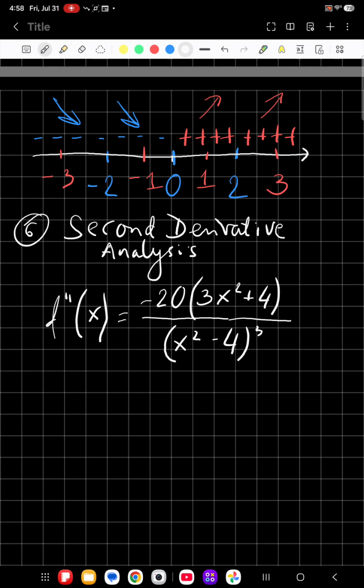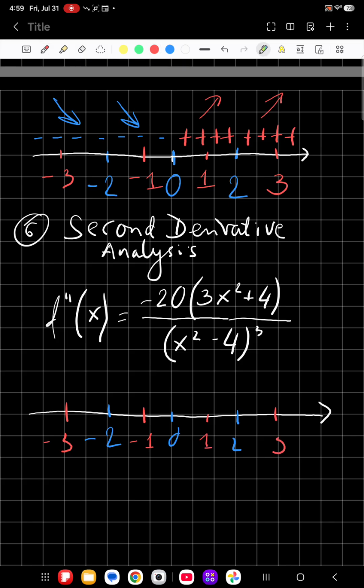Okay. And again, we draw the number line and we put those critical numbers again. So we have 0, 2, -2, and we have the same testing numbers, so -3, -1, 1, 3.